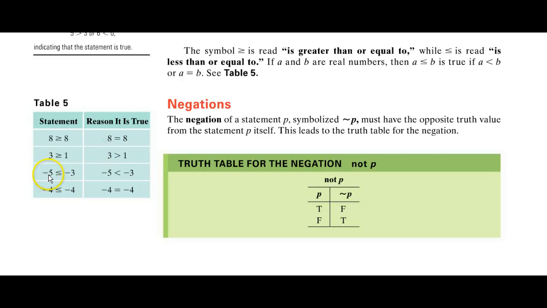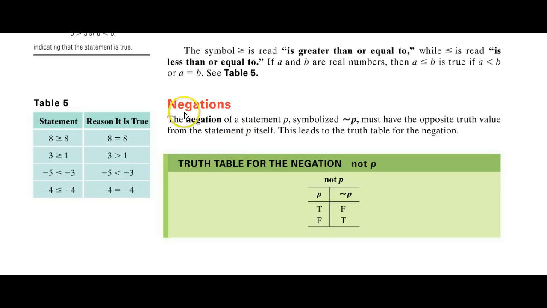Now -5 is less than or equal to -3. Again, it's true because part of it's true. And -4 is less than or equal to -4 is true because part of it is true. Okay, just to let you work with these signs a little.